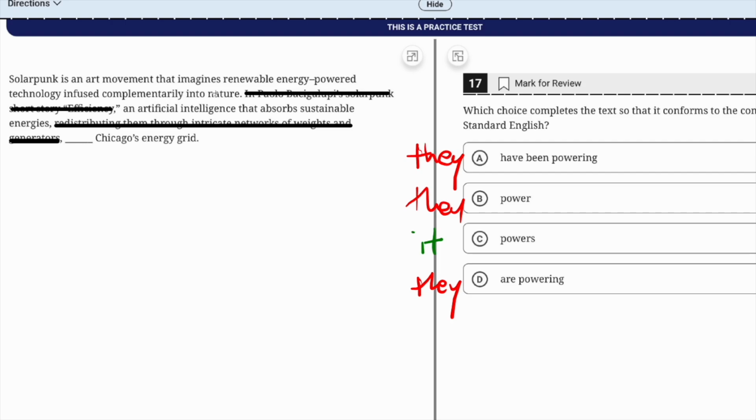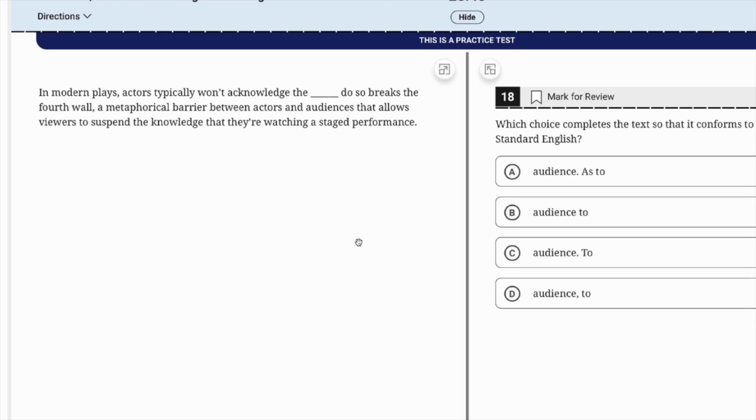So an artificial intelligence, and then finally we have this. I think we would call that a relative clause. So an artificial intelligence powers Chicago's energy grid, and so it will be C. But 90% of the time or more, you can get these right simply by picking the odd one out on these subject-verb agreement questions.